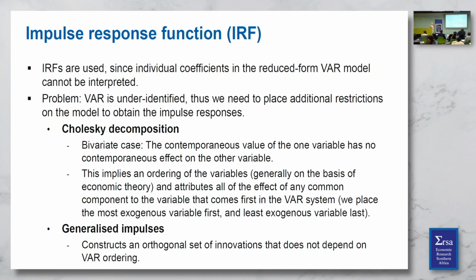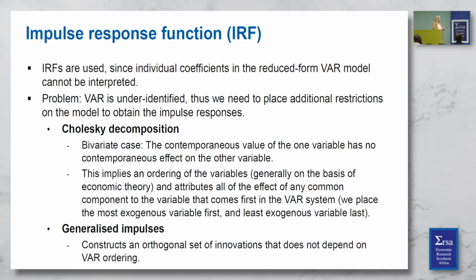The limitation or the caveat of the Cholesky decomposition is that we have to order our variables from most exogenous to least exogenous. So the repo rate must come first and then the others.